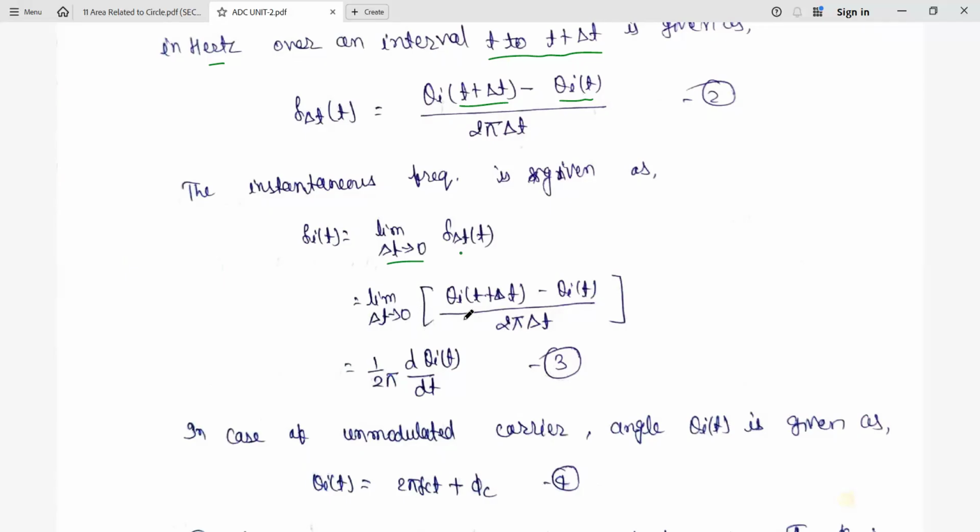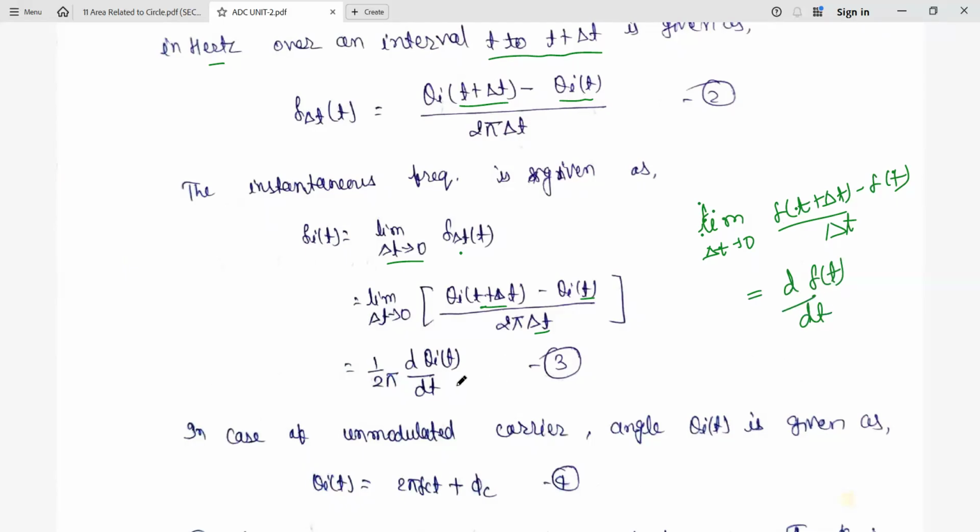So finally, if you see, this is going to take the pattern of a limit, like we have another expression where when we have a function of a small change, f of t plus del t minus f of t, and you divide by del t, then it is going to give us the differential of that function. So if you have this limit where del t tends to 0, any function f of t plus del t minus f of t divided by del t, this is just as when we differentiate the function with respect to time.